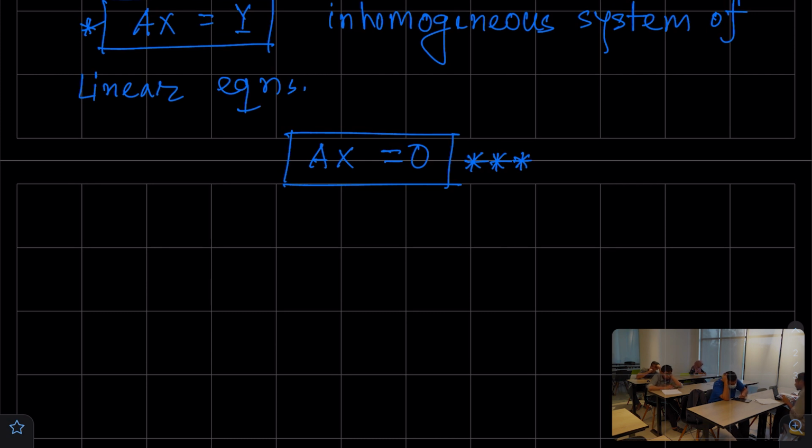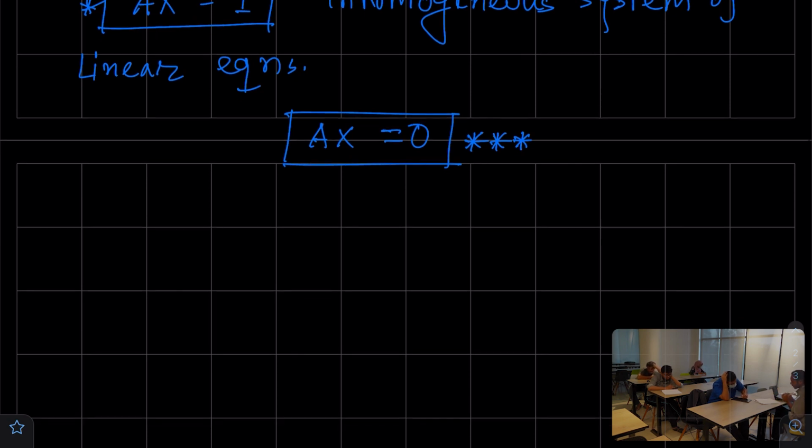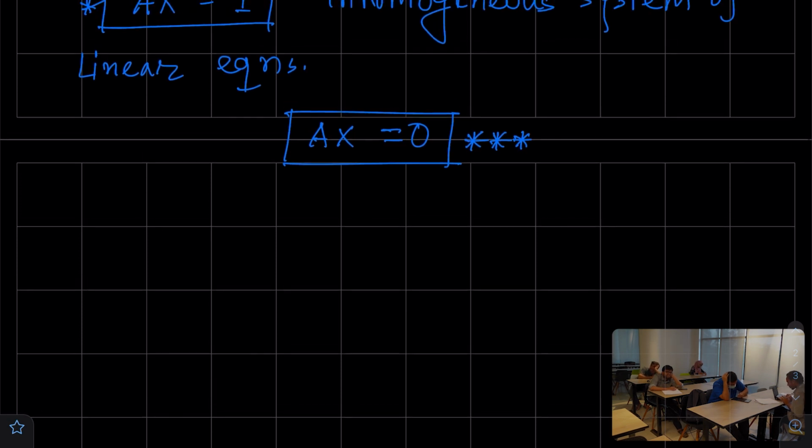That's why the trivial solution is not a solution of this inhomogeneous linear system.